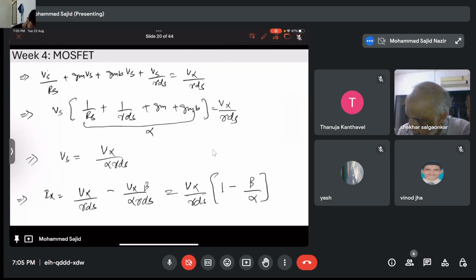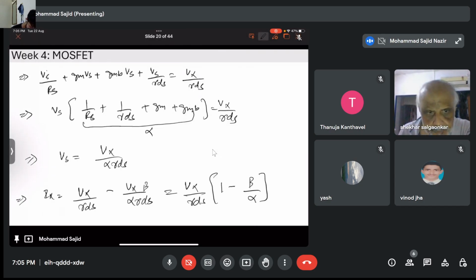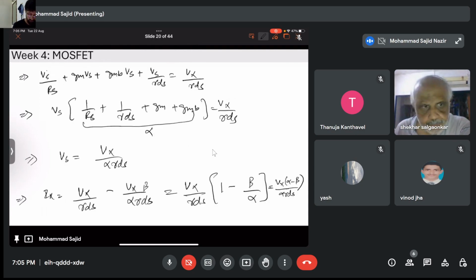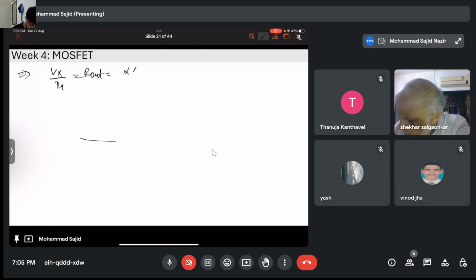So we have Ix equal to this. I can write it as Vx by alpha Rds times (alpha minus beta). So Vx by Ix, that is your R out, is equivalent to alpha Rds by alpha minus beta.